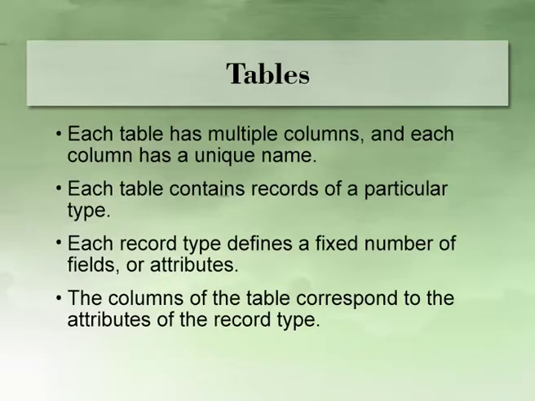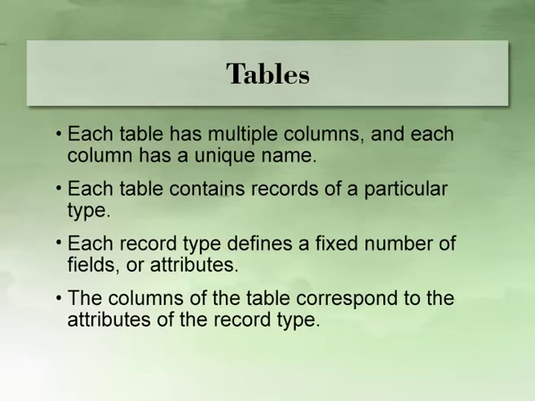So, we had provided values, or else we had created a record. That is Rahul's record. Then another person we can enter. Each record type defines a fixed number of fields or attributes, and each row we provide is called a record.